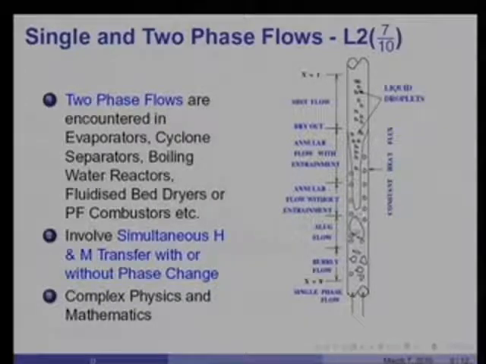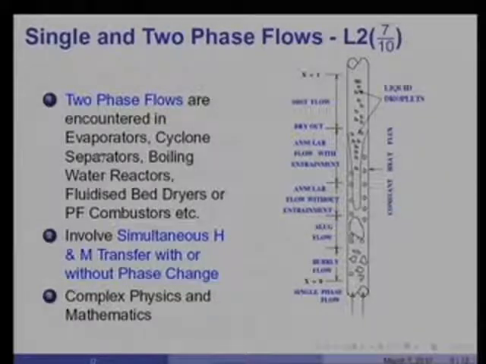So such two-phase flows are extremely complex in their physics because there is a continuous change in the structure of the flow. There is simultaneous heat and mass transfer accompanied by phase change. But then there are also situations like fluidized bed dryers or pulverized fuel combustors and so on and so forth, in which phase change takes place. Particles from solid phase move into gas phase coupled with chemical reaction.